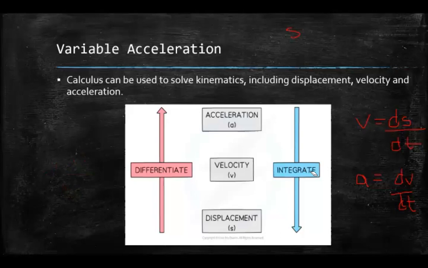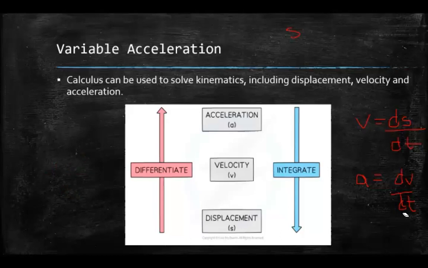But then you can also use integration. From displacement to velocity, then velocity to acceleration, you differentiate. But if I want to go from acceleration to velocity, and then velocity to displacement, what would I do? Integrate. Why would I integrate? Remember, integration is an anti-differentiation process.